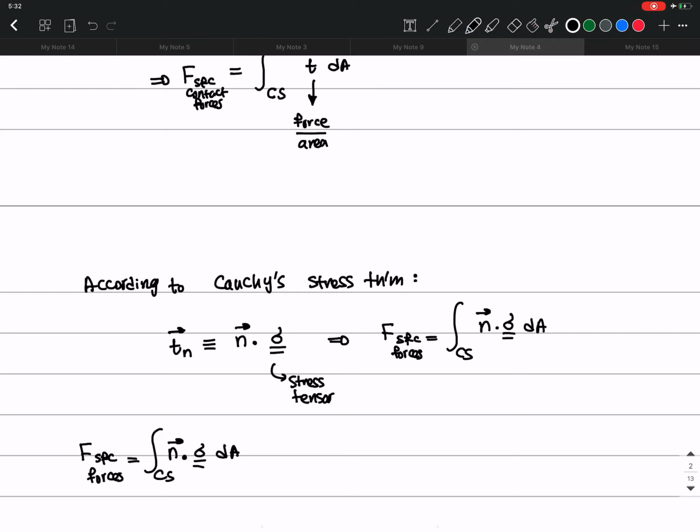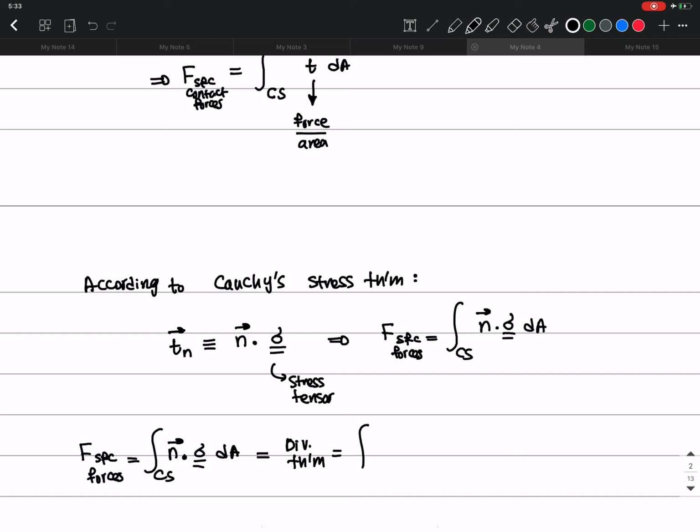I want to use the divergence theorem, the theorem that we used in deriving Euler's equation and the differential form of Euler's equation.